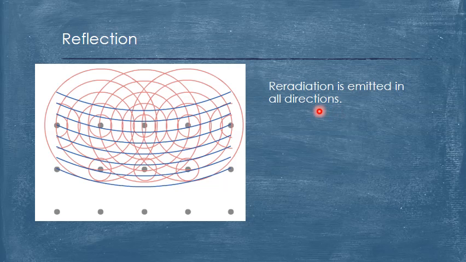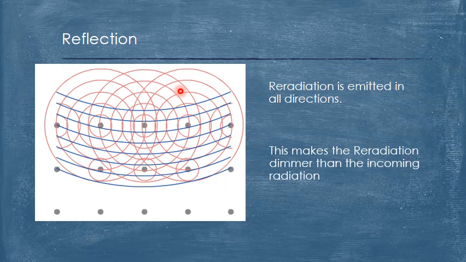Alright, now with reflection, the re-radiation is emitted back in the opposite direction of the incoming radiation. Since the atoms, or the charges that are radiating their energy they got from the incoming wave, radiate at 360 degrees, there's less energy going back in the original direction of the blue radiation here.